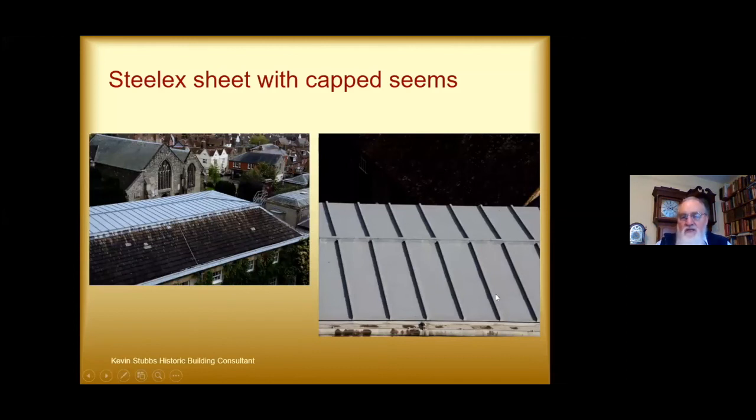But at least with this stainless steel, if it's the dull type, it will go down to virtually a greyish colour like lead rather than being shiny. It looks from a distance a bit like lead, so it's okay on most historic buildings. And it has the benefit that thieves find it very difficult to lift, and it's not as lucrative as lead sheet.